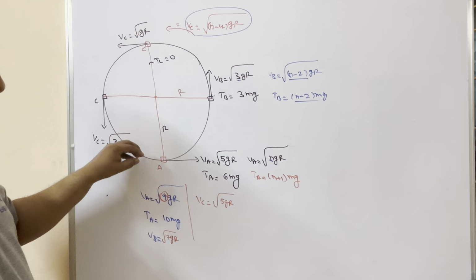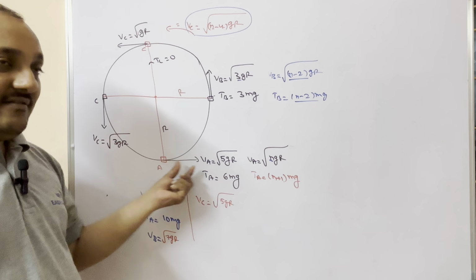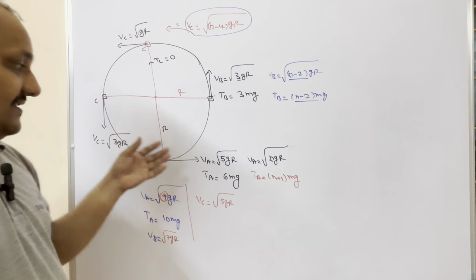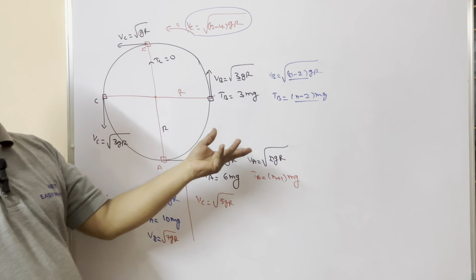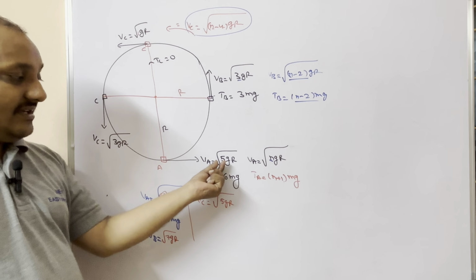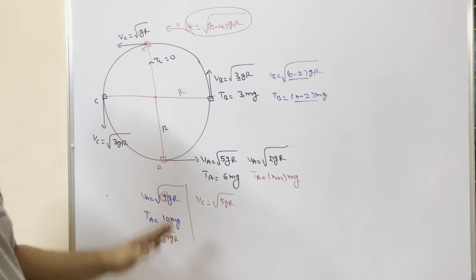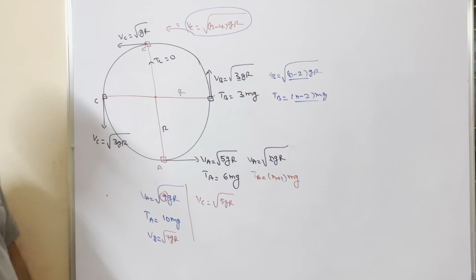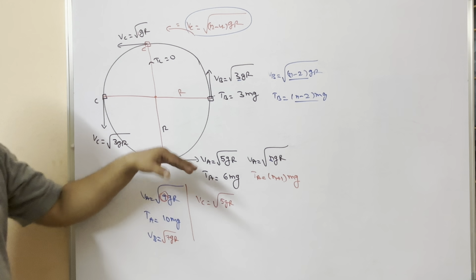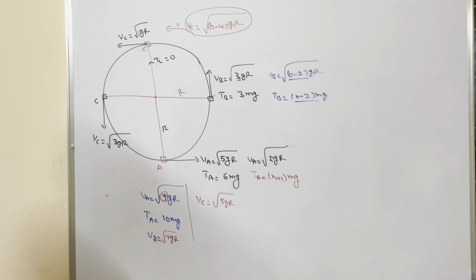To complete a vertical circular path, the velocity at the bottommost point is root 5gr, when the object is suspended by a string. In a tube, whenever they give, root 4gr will come. So in problems we will discuss those. So this is about vertical circular motion, a simple way to remember.